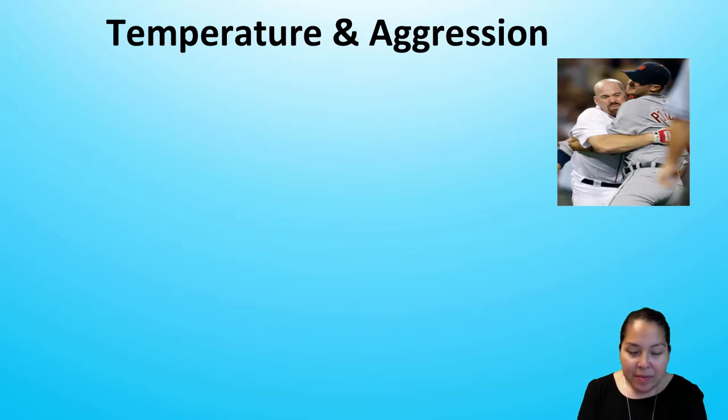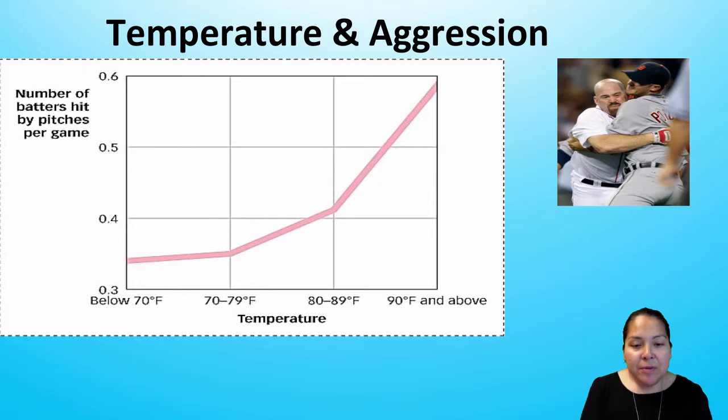Here is an example of how aggression may be influenced by our environment. Numerous research studies have demonstrated that there's a significant positive relationship between temperature and aggression. In this example, generally, what we know is that professional pitchers have awfully good aim, so that when they hit the batter with a baseball, it's safe to assume that it wasn't an accident.